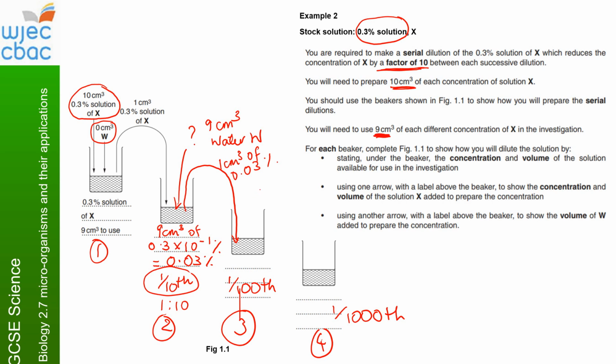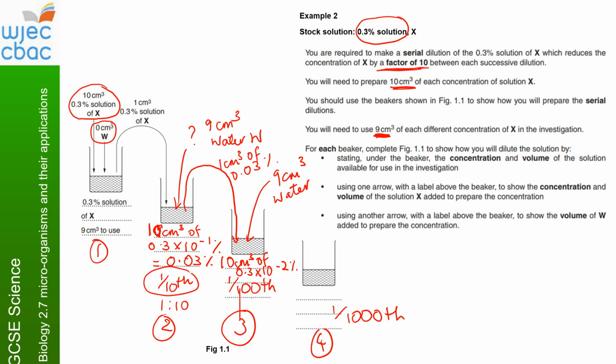We're going to add to that solution 9 cubic centimetres of our distilled water. So now we'll have 10 cubic centimetres. Actually, that's where I made a mistake there. 10 cubic centimetres of, this time, 0.3 times 10 to the minus 2%.